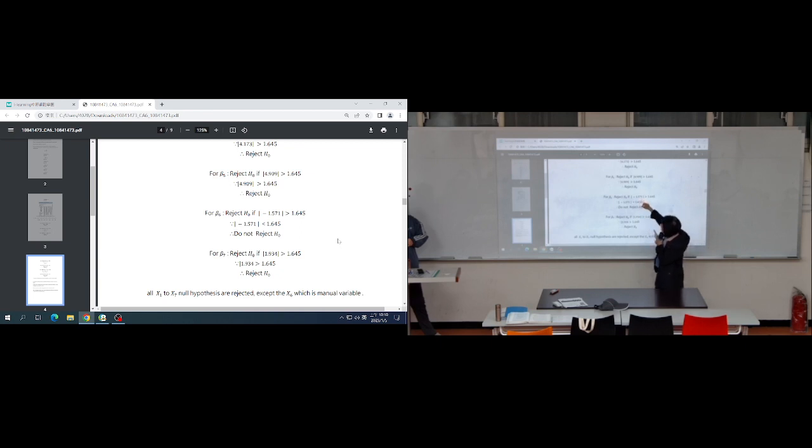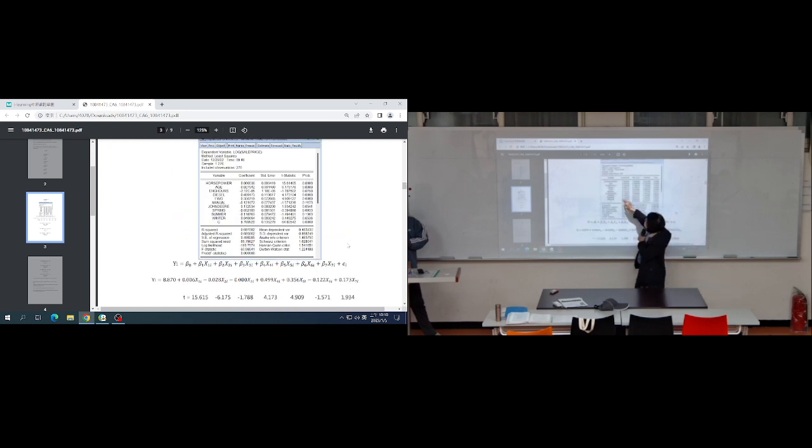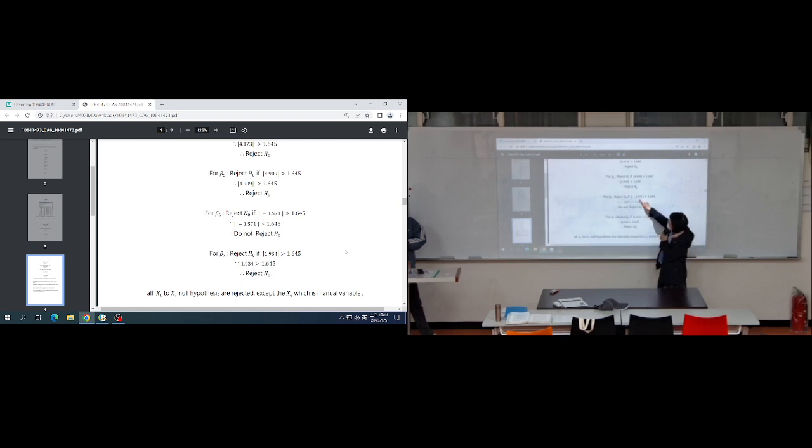It's negative, so the t-test is negative 1.571. If you use the absolute sign here, is this one greater than this one?